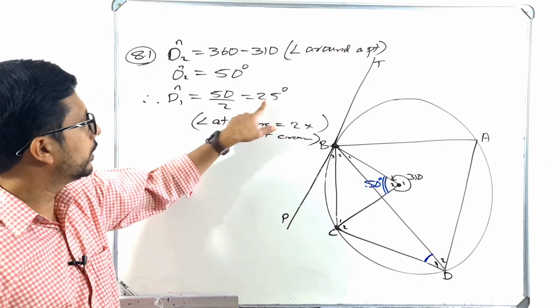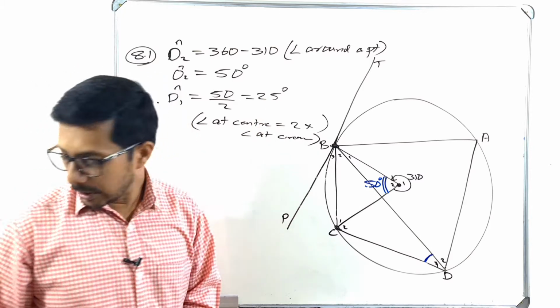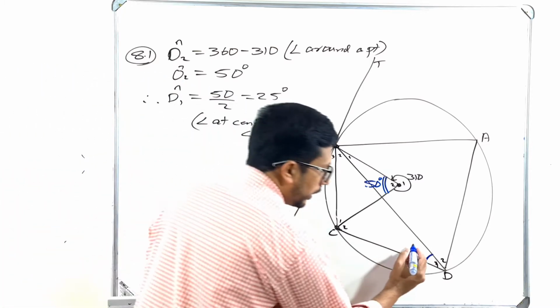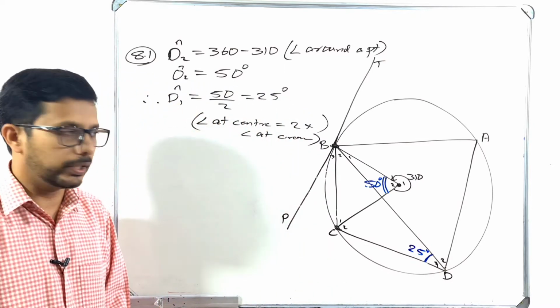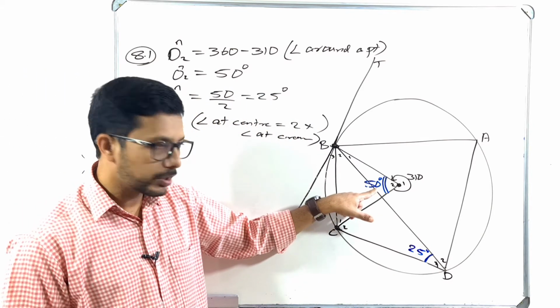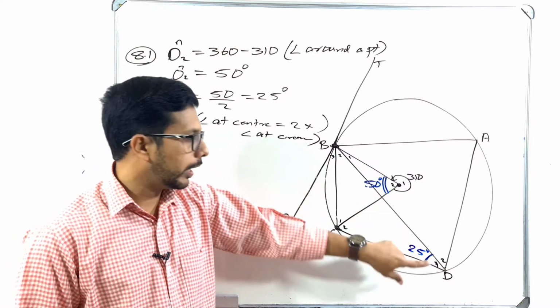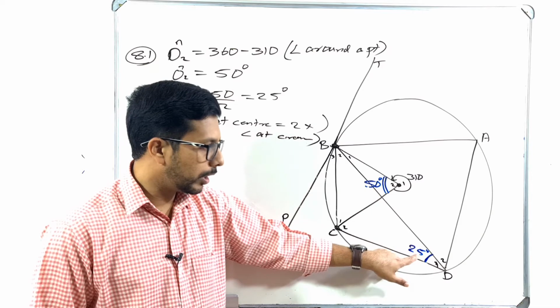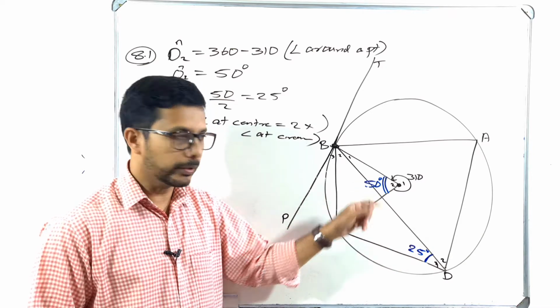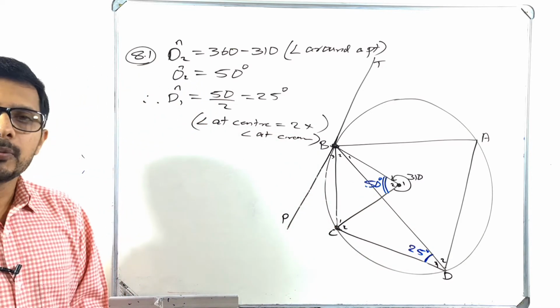So what is D1? 25 degrees. It's better to write the angles that we got on the diagram. So the angle at the center is 50 degrees, so the angle at the circumference is 25 degrees, half of this one, or double of this one is 50. Okay, so that is question number 8.1.